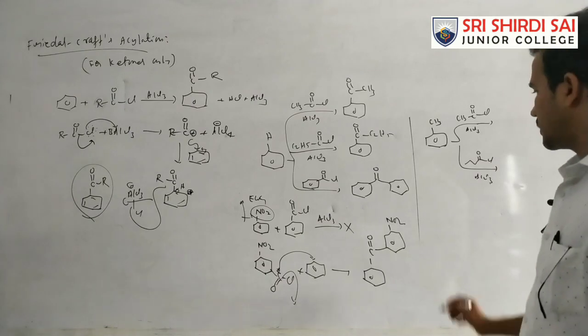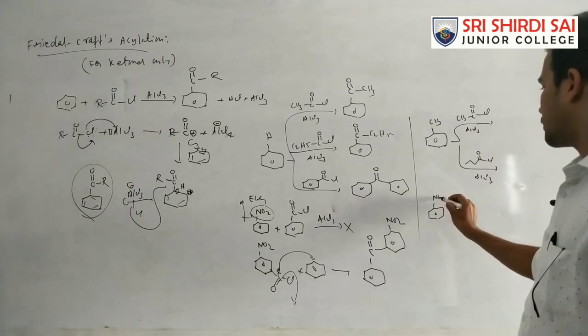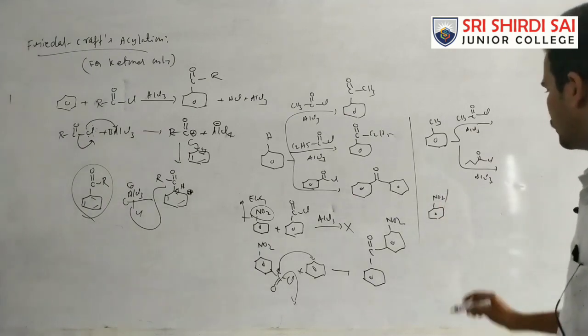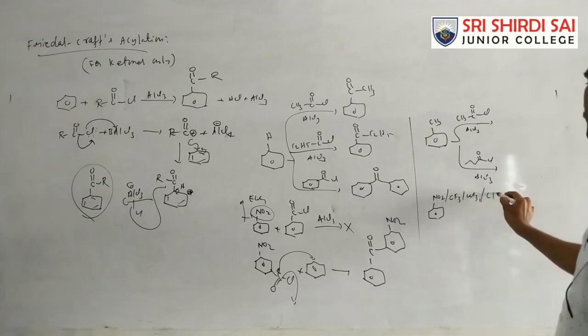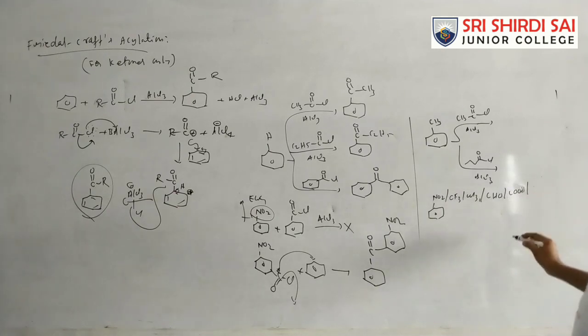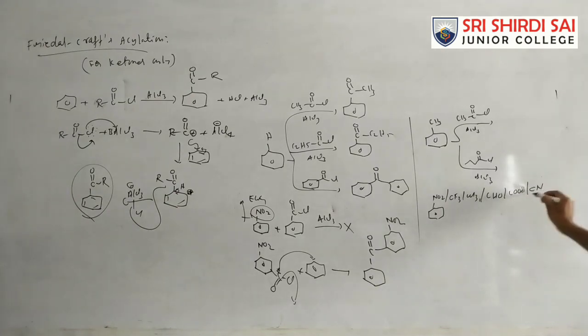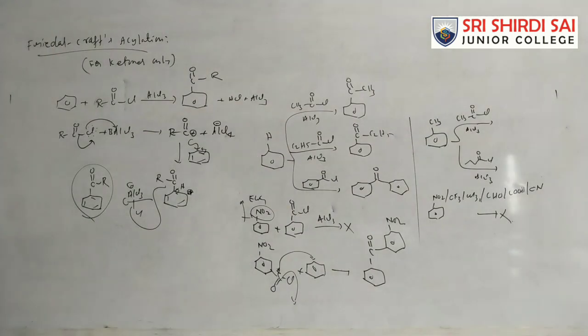Generally, benzene rings containing electron withdrawing groups, that is NO2, CF3, CCl3, CHO, COOH, CN, are not involved in Friedel-Crafts acylation as well as alkylation. So that is the Friedel-Crafts acylation reaction.